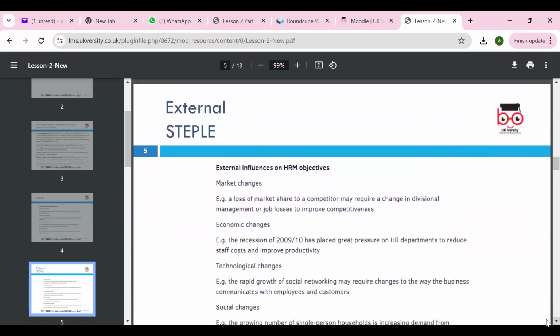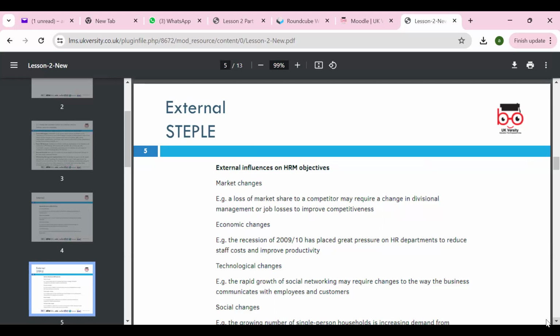Also, very, very important, look at the social, technological, economic, political, legal, and ecological environment. Market: a loss of market share to a competitor may require a change in divisional management, or job loss to improve competitiveness, or jobs being replaced by new technology, and we can plan human resources accordingly. Economic changes: the recession of 2009 and 2010 placed greater pressure on the HR department to reduce staff cost and improve productivity.